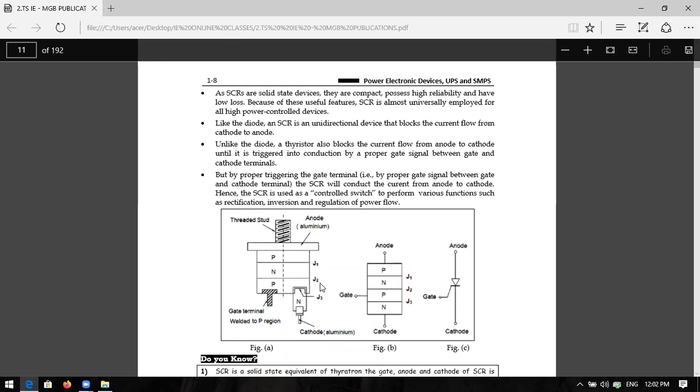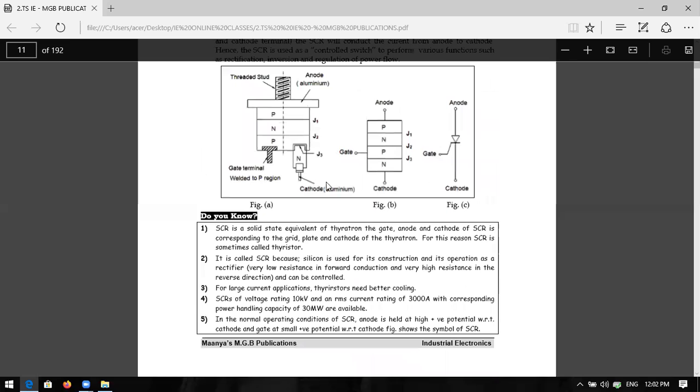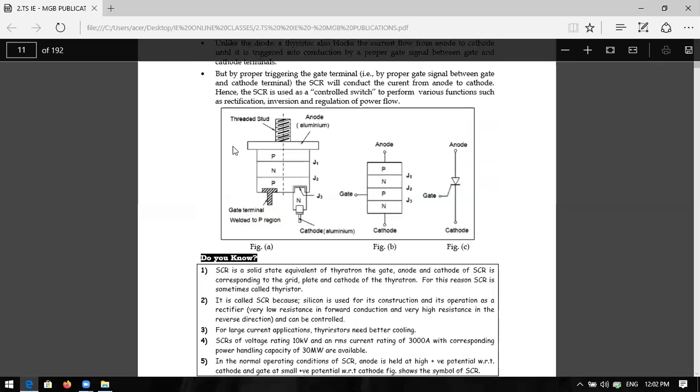This is the equivalent construction of any SCR. See here, PNPN.